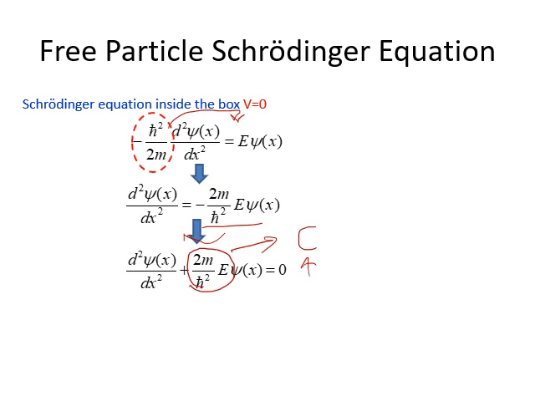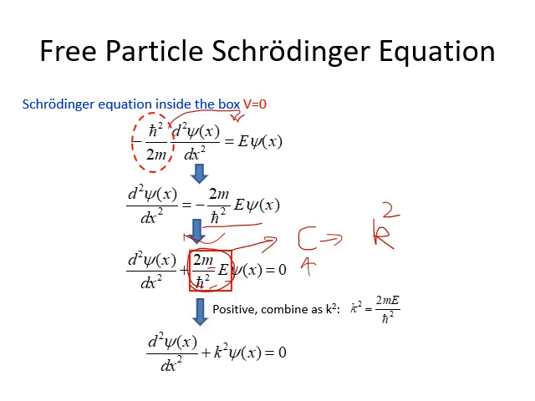And you can see every constant here is positive: mass, h bar, and E, and therefore c must be a positive number. So instead of using c, we use some constant squared, let's say k squared. Anything squared is a positive number, so we combine all these and write it as k squared.